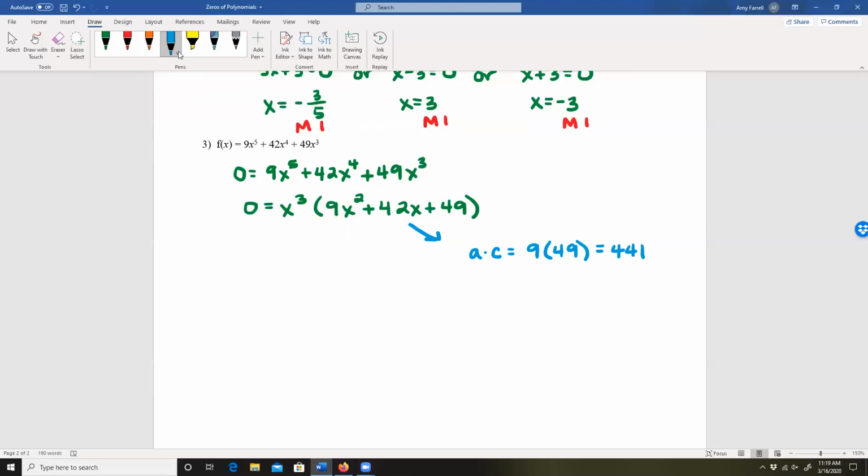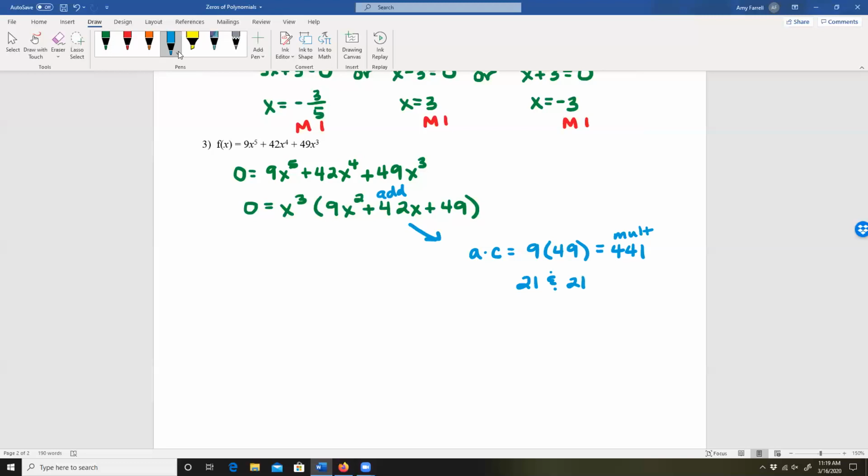So I'm going to look for two numbers. I want them to add to 42, and I want them to multiply to 441. Those two numbers are, I know these are kind of some big numbers here, but it's 21 and 21.